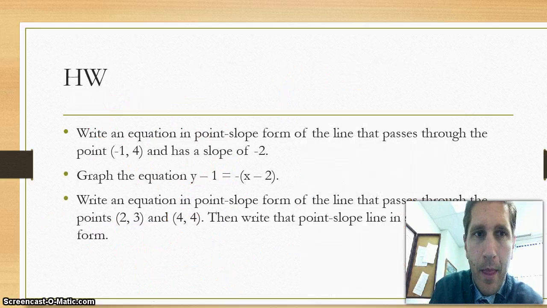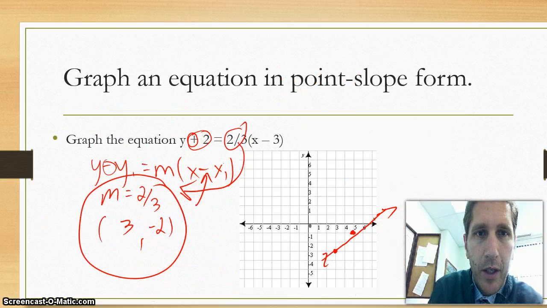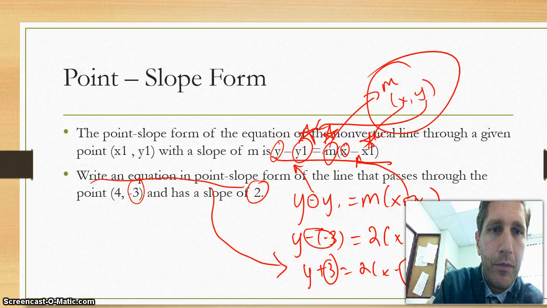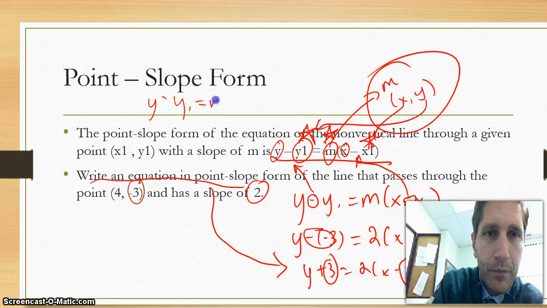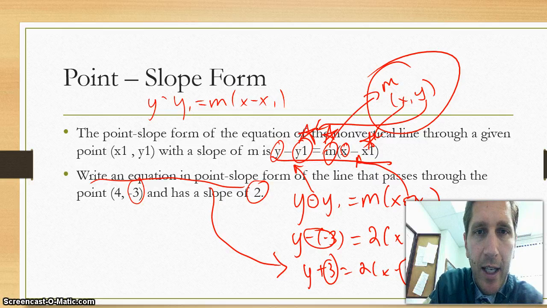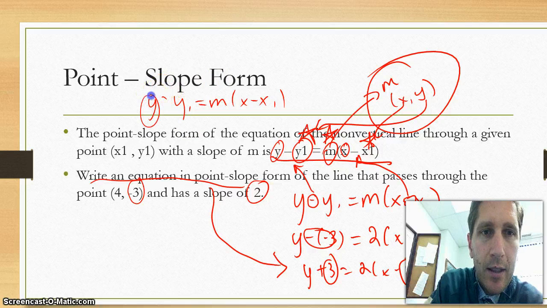Okay? So, very important, point-slope form. You should be able to memorize this. y minus y1 equals m parentheses x minus x1, knowing that these parts of the equation will automatically be in the equation at all times, and they do not change.